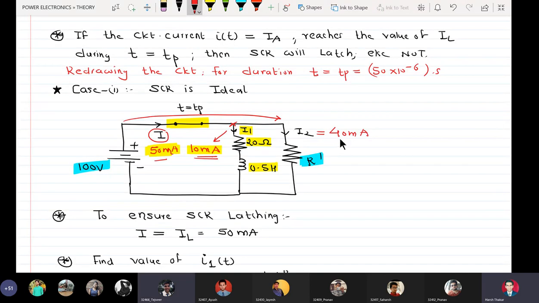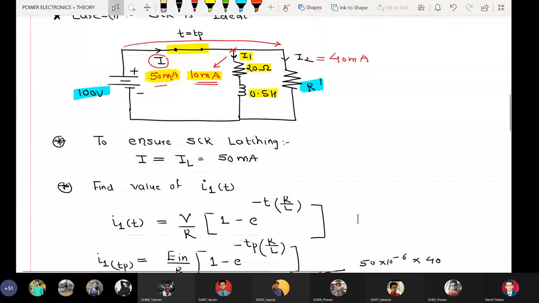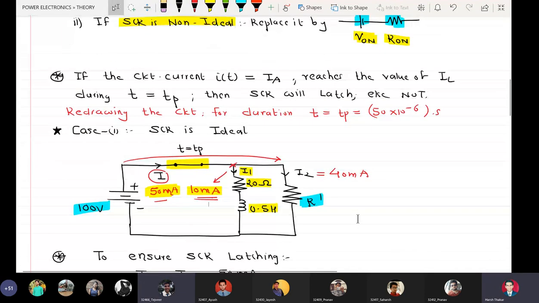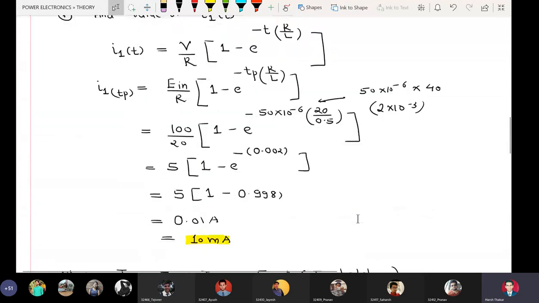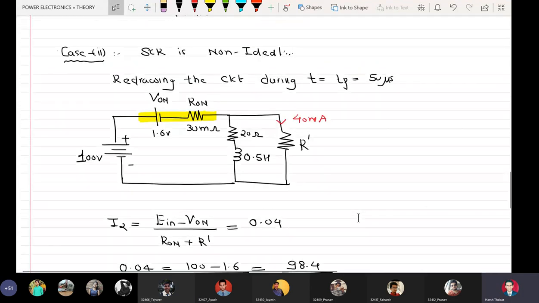Sir, why have we considered 40 milliampere in the second case? Yeah, because the condition for SCR latching remains the same. It remains the same because the pulse duration is not changing. The pulse duration is still 50 microseconds, because of which this branch will still attain 10 milliamperes only, as before.